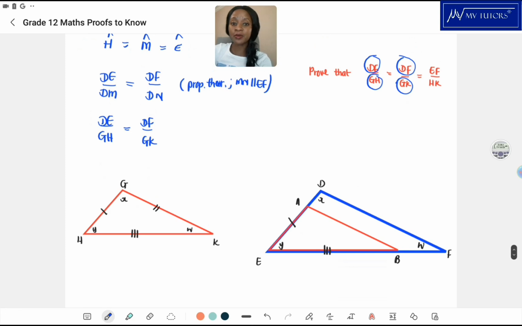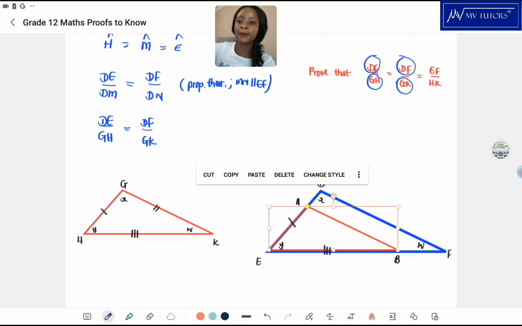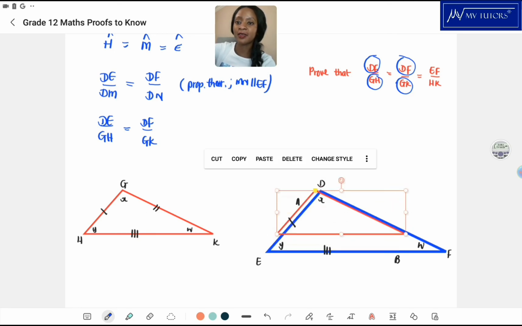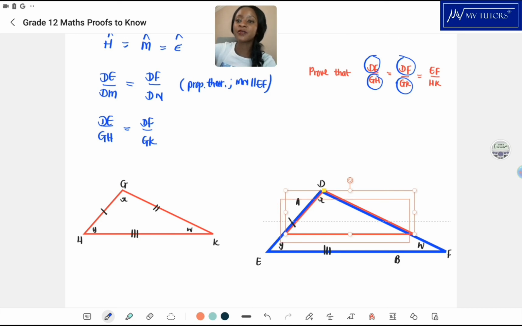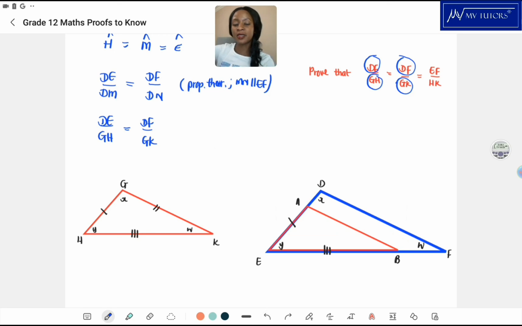So GHK remains the same, but now remember we had the triangle over there previously, right? But now we're going to shift it this side. Let me just go back. We're going to shift it there so that we can show that these lines are actually parallel.